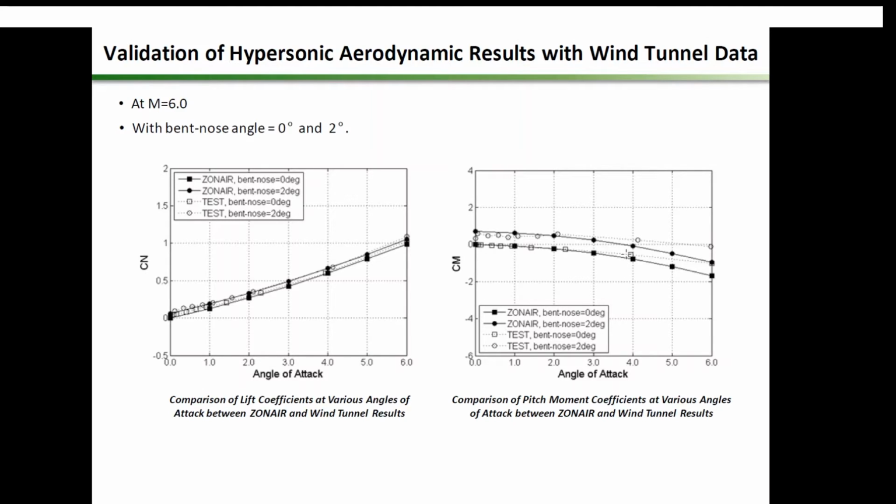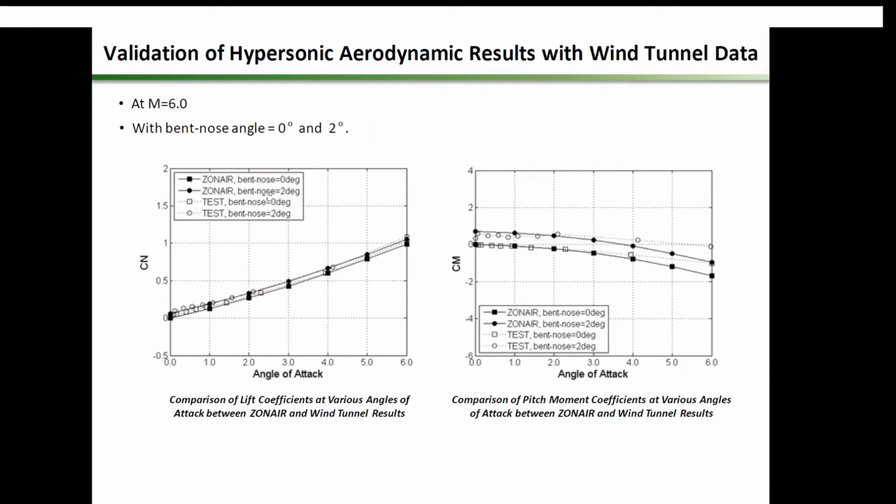First, we want to validate the ZONAIR hypersonic aerodynamic results on CKEM at Mach 6 with band nose angle 0 and 2 degrees. So the open square is the band nose equal to 0 from the test. Open circle of band nose equals 2 degrees measured by the wind tunnel test.